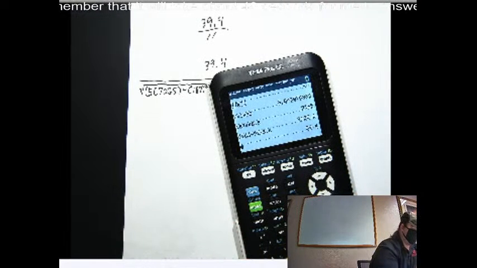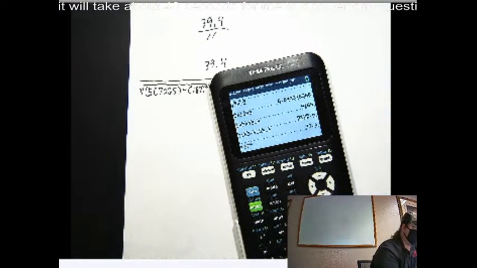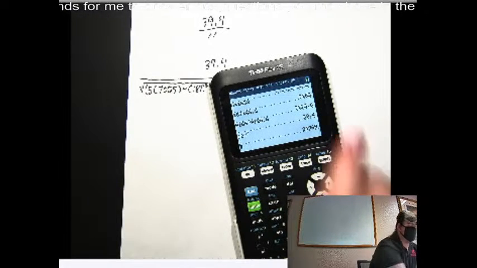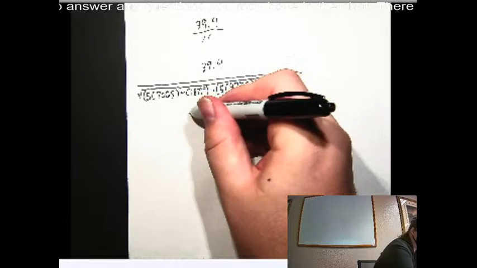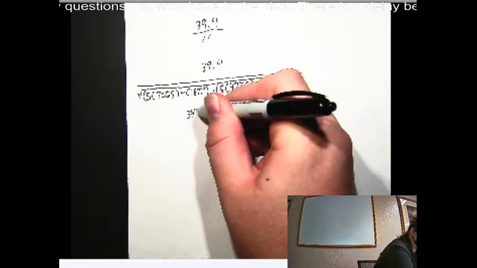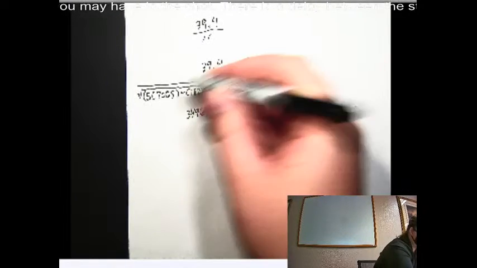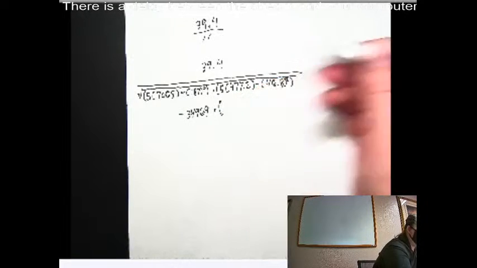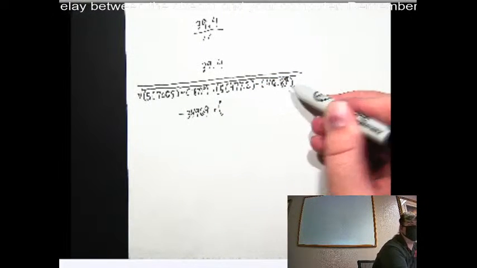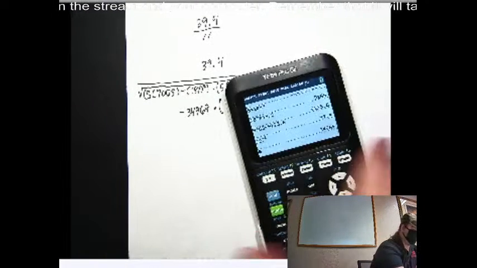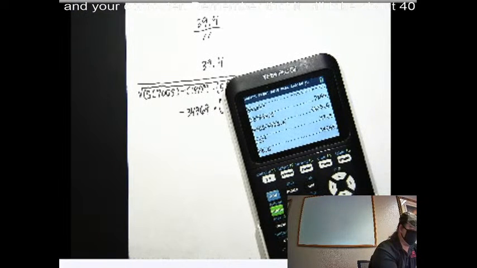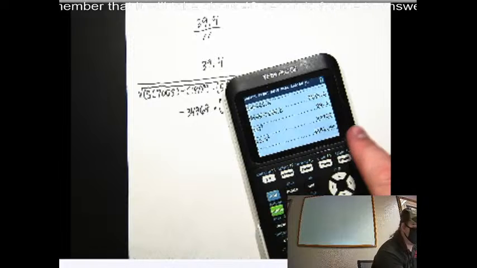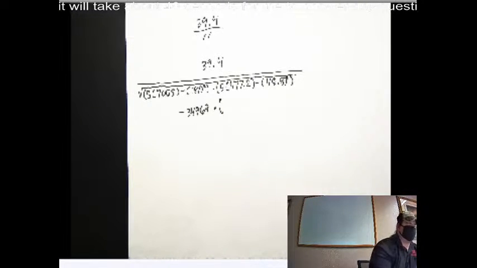So if we do that, 187 squared is 34,969. And why not do this one as well, 48.8 squared. So 48.8 squared, we get 2,381.44.